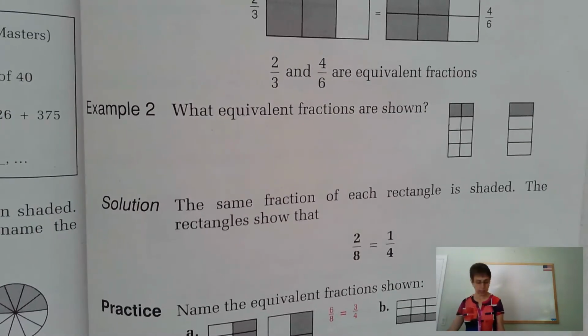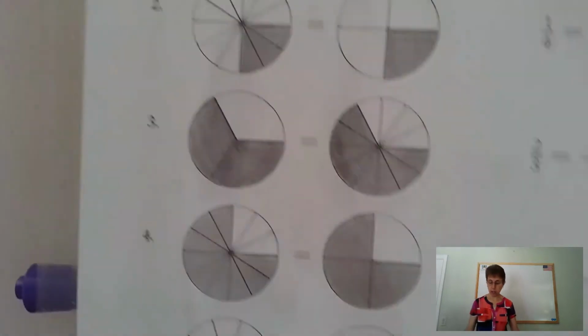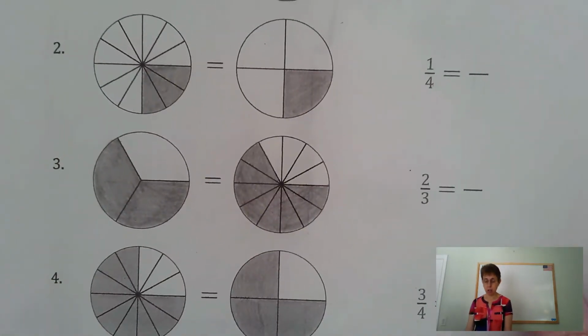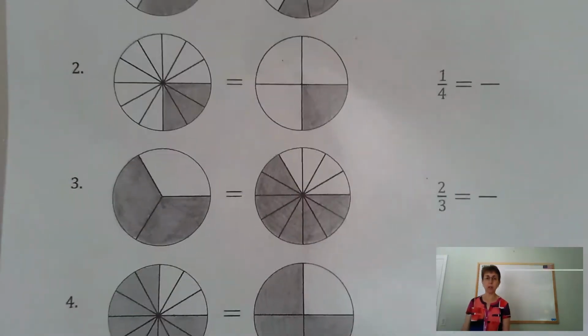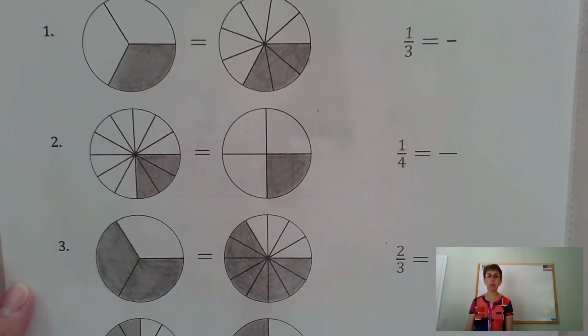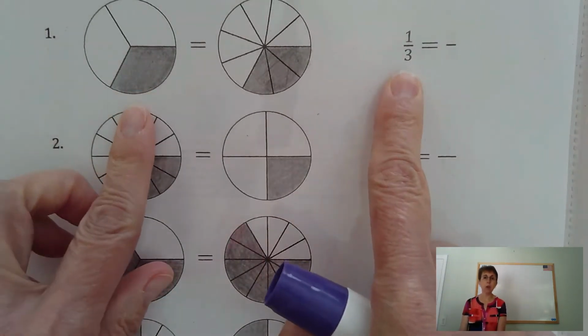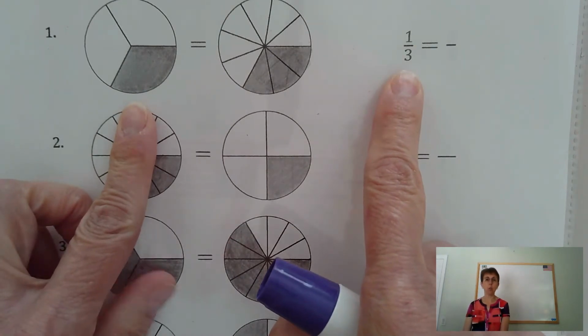Okay, I'd like to take a look at some more examples. This is not in your book, but something that I do want us to take a look at together. So here we have circles. The first circle, as you can see, has been divided up into 3 equal parts, and one of those parts is shaded, 1/3.